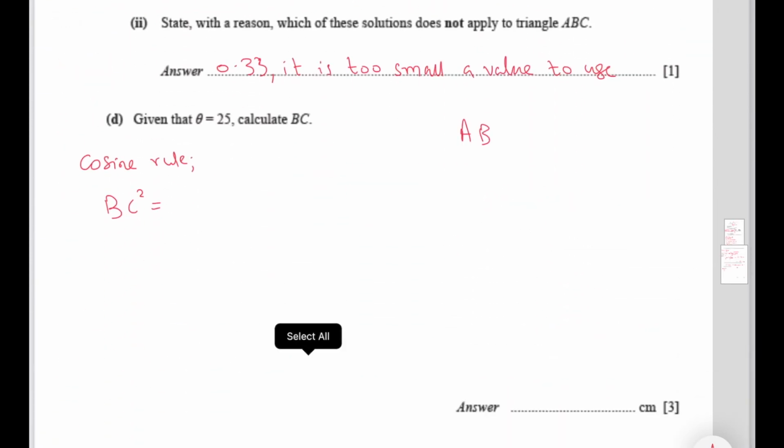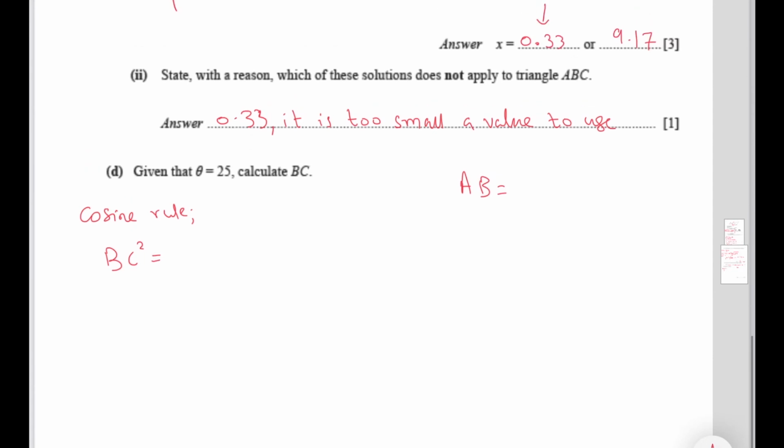So first of all, let's find what AB is. AB is of course x, and x is 9.17. AC is something that we needed to find out. So 2x, which is 2 times 9.17 minus 5. This comes out to be 13.34.